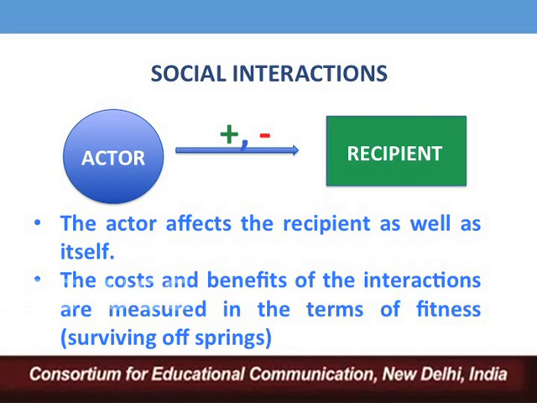The action will not only affect the recipient but also the actor himself. The cost and benefit can be measured in different terms, but in terms of natural selection, they are measured in terms of fitness, that is, in terms of offspring being produced and offspring which are surviving.